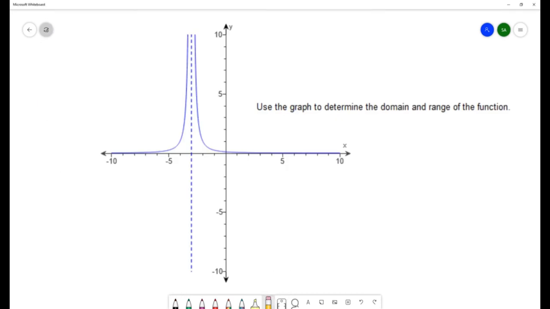For this question, we want to use the graph to determine the domain and range of the function. We have this picture, and a couple little things I want to point out before we go over the details. I'm going to use blue because our graph here is blue.